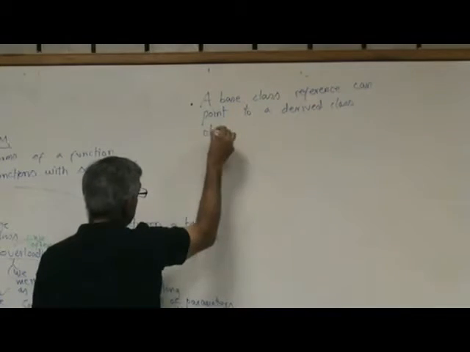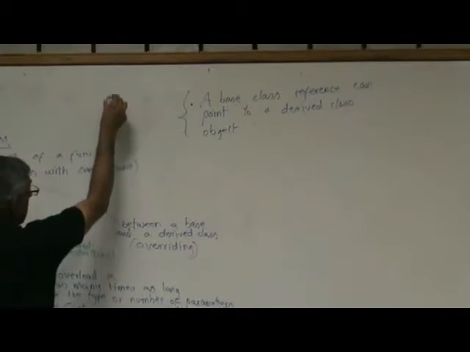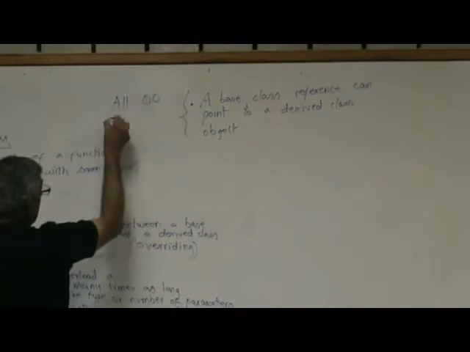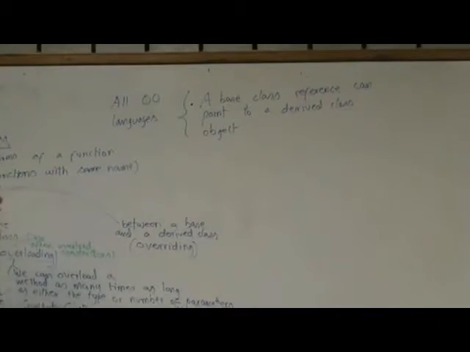So this is true not just in C# but in all object-oriented programming languages. So all OO languages allow this concept. Without this concept, we won't be able to create sophisticated programs where we have many classes and some relationships between those classes, right?